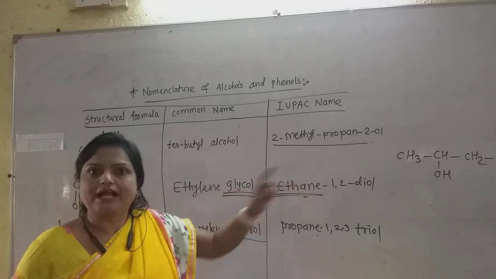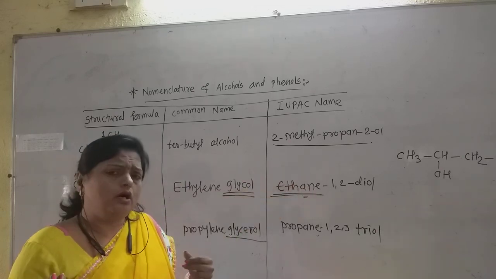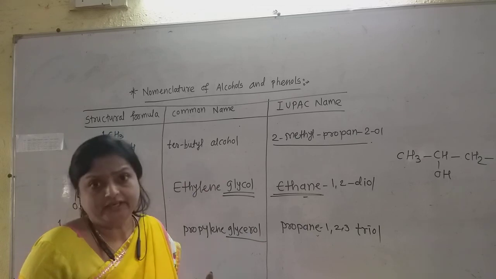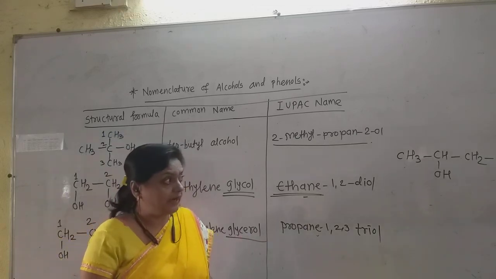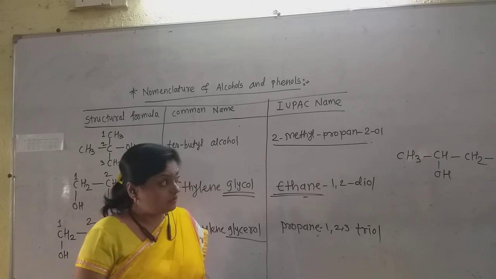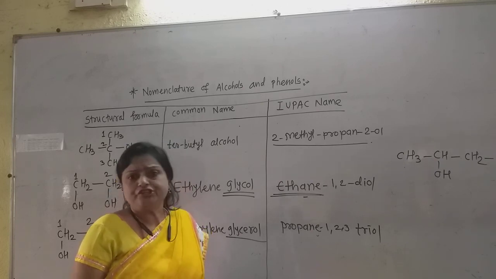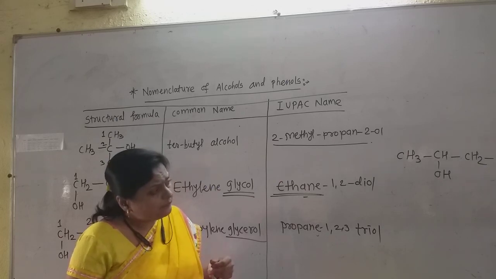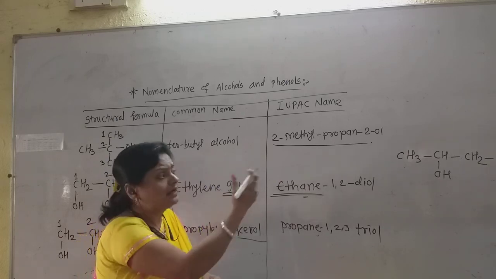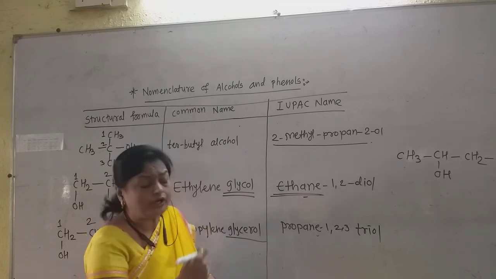Now you may have the question in mind, from which side can the numbering be done, madam? But that is very easy. The OH groups are both present continuously from the right hand side, so definitely we give numbering from that side.